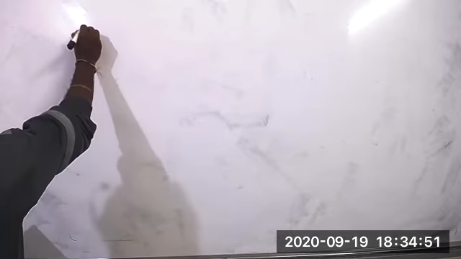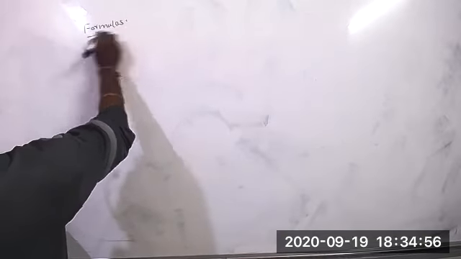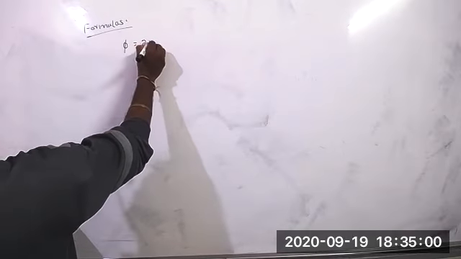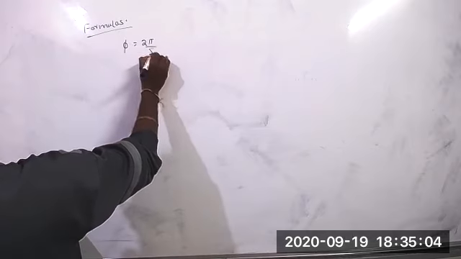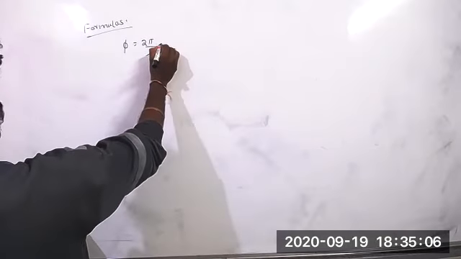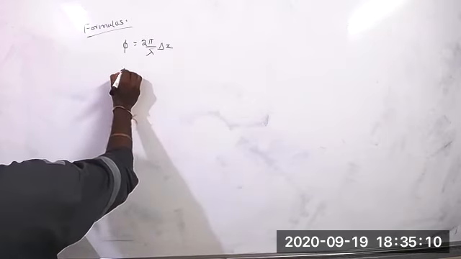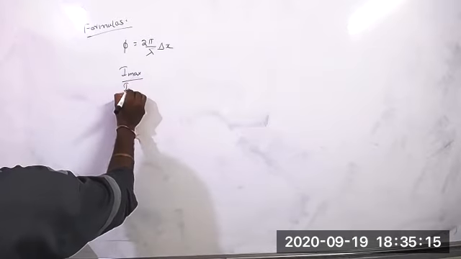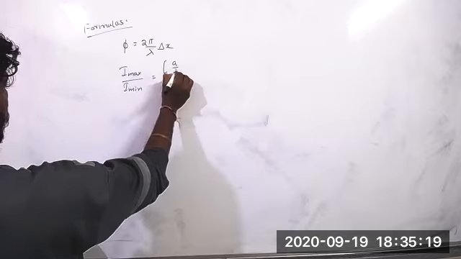Formulas, remember what we have discussed till now? Phi equal to 2 pi by lambda delta x. I maximum by I minimum equal to (A plus B) whole square by (A minus B) whole square.